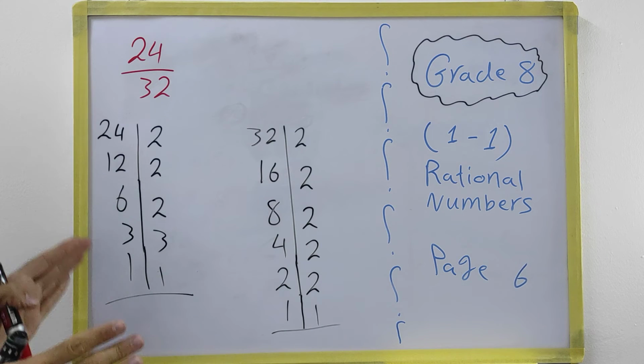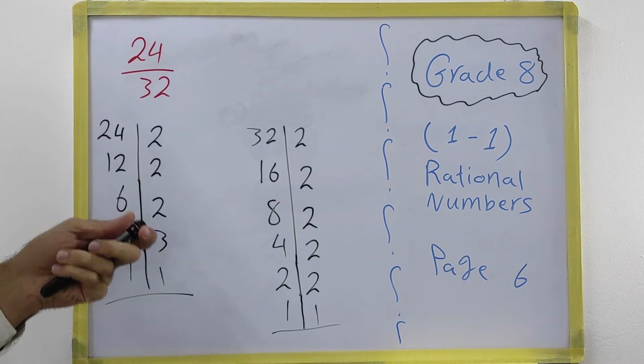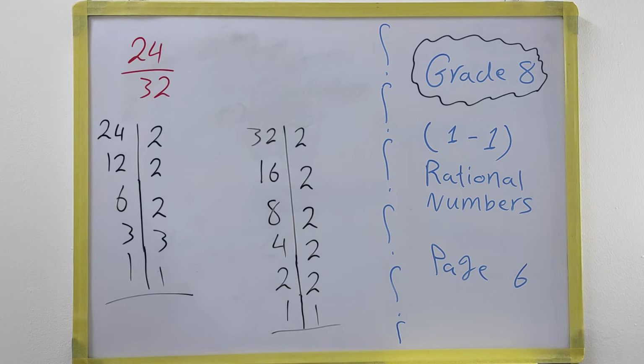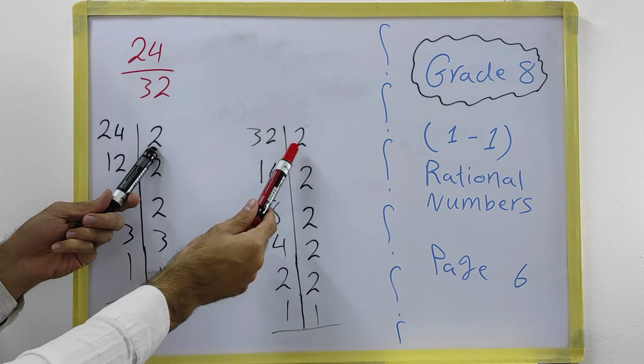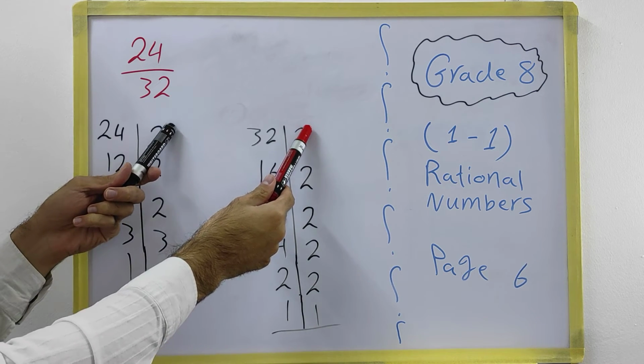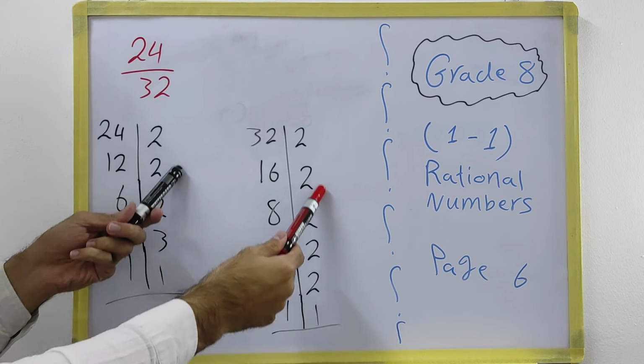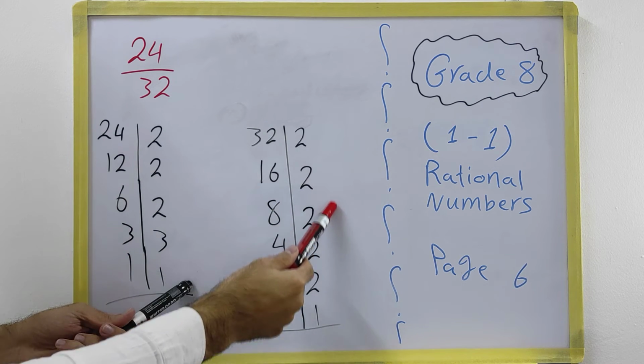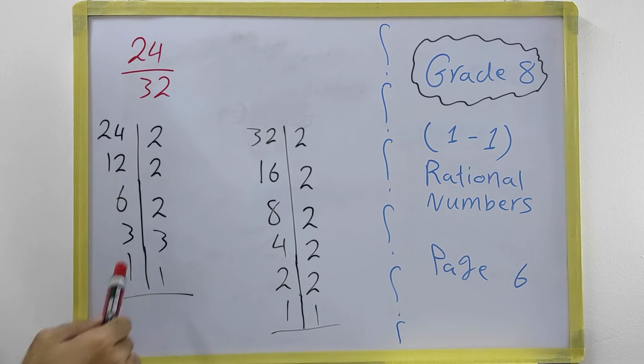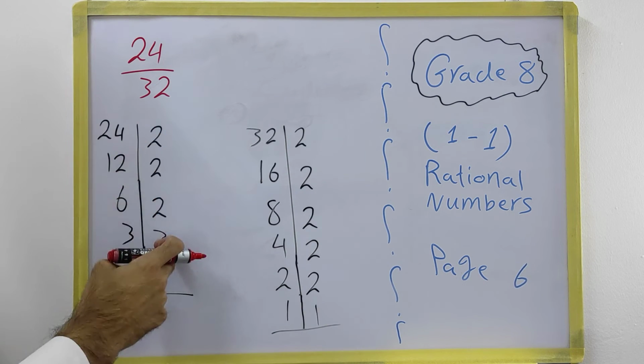Now when we did that, we factored all. Now the same factor from each side. For example, here we have 2, here we have 2. These are the factors of 32 and factors of 24. We divided by them. Now we have these factors.